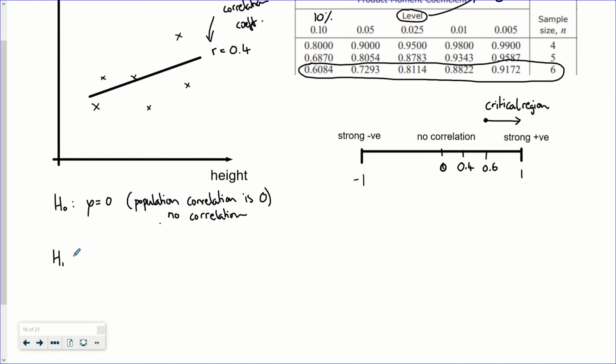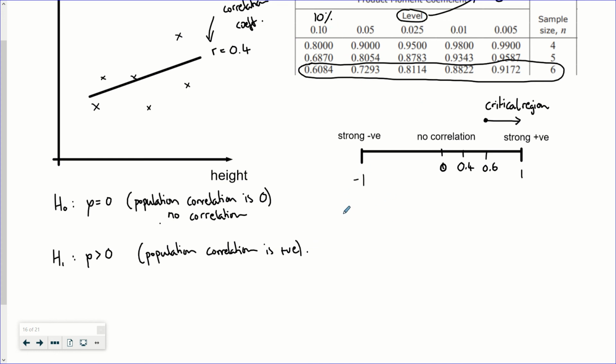And that's always going to be H0. No matter what hypothesis test we do, we're always going to say that H0, our null hypothesis, is that there's no correlation. And then we're going to try and prove that there's a positive correlation in this case by trying to see whether r is big enough or not. So in this case, because we want to test whether there's a positive correlation, we're going to test rho is bigger than 0. So that would mean that the population correlation is positive.